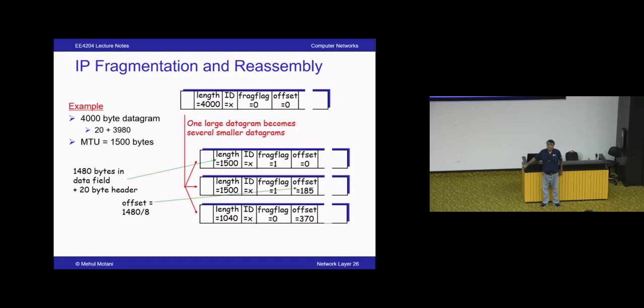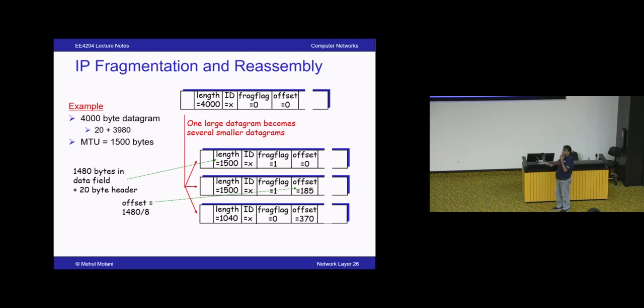Yeah, so let's figure out what the offset should be. So what should the offset of the first packet be? For the first child, what should the offset be? Okay, how about the second one? What do you think it should be? Why should it be 1,500? No, it doesn't.